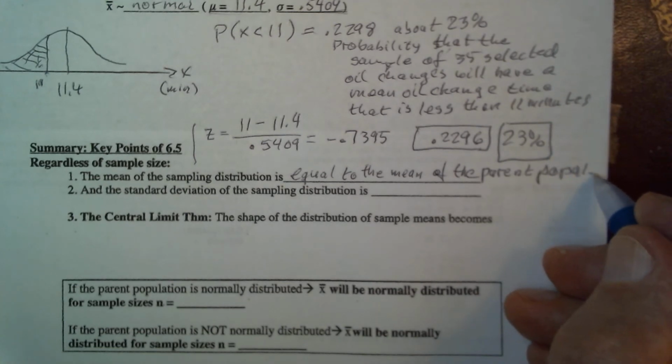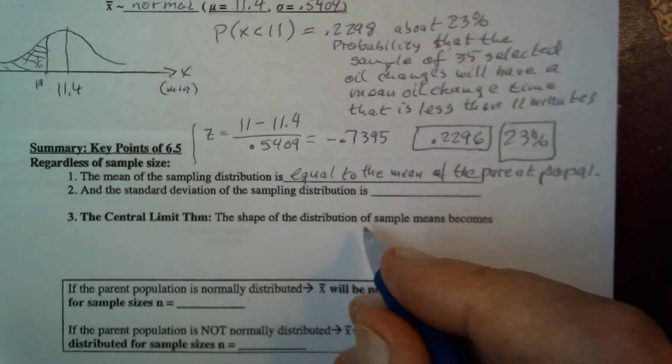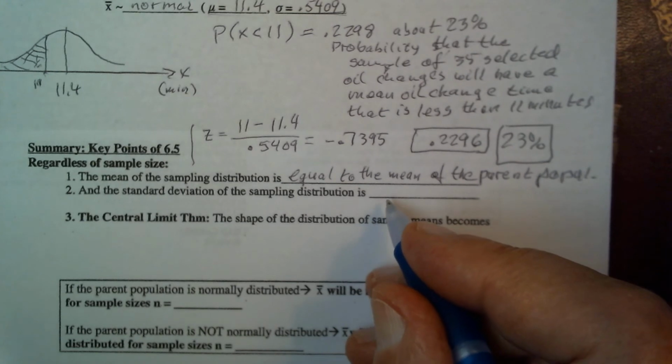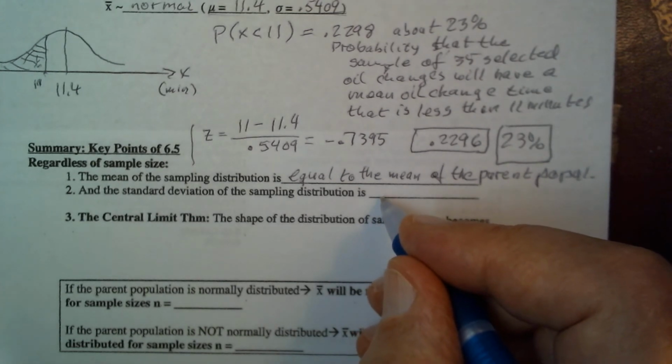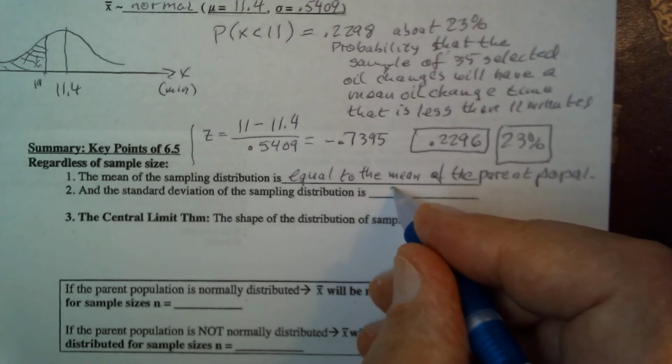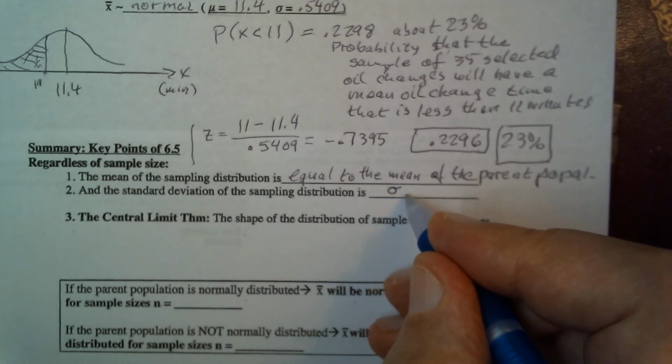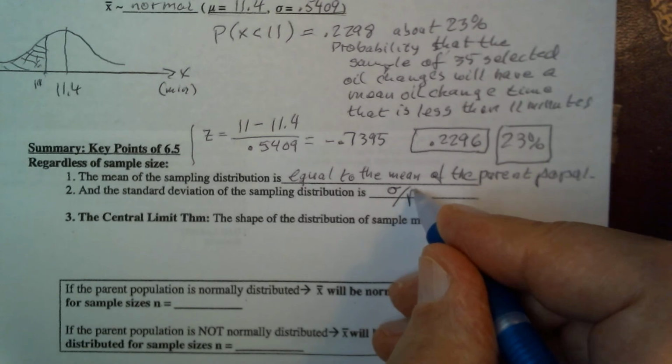And then the standard deviation of the sampling distribution is equal to the standard deviation of the parent population divided by the square root of n.